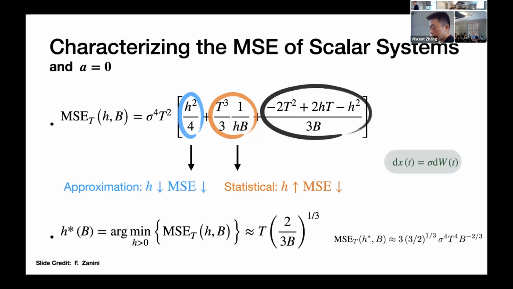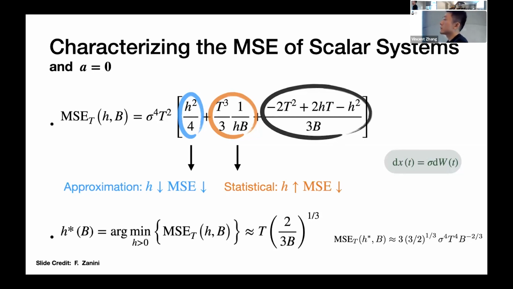Yes, Martin was saying that you can rewrite B as a function of H to further analyze the order. But we actually want the finite data budget to be in the expression because we want to understand how it depends on the budget. You need the other form to show that the first and the second term have the same order, like you need to have an H squared for the rightmost term.